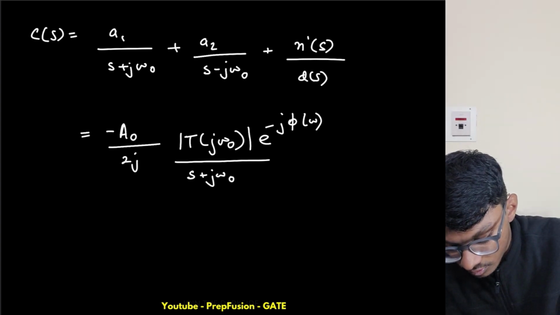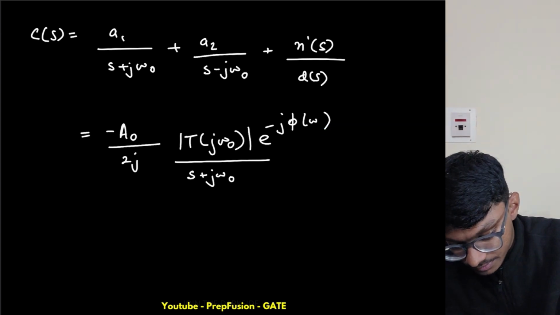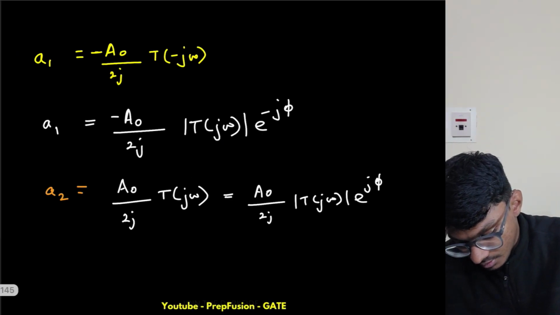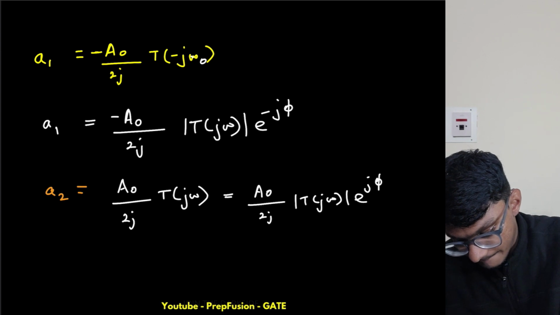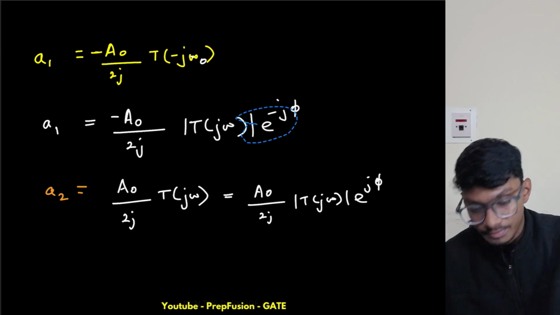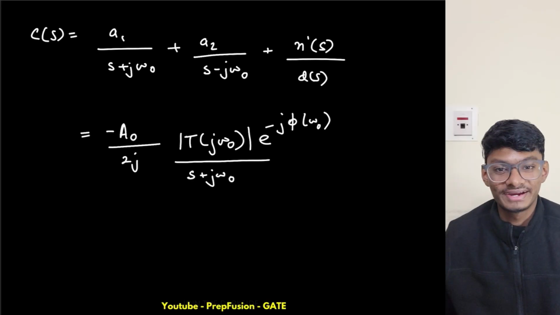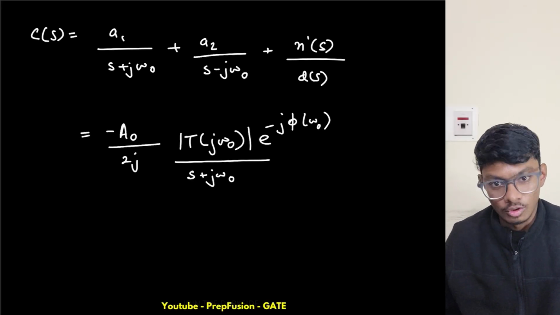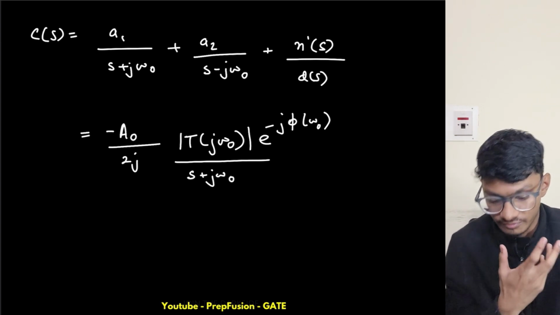But omega naught is a particular frequency, so we'll replace everything by omega naught, and then I will just come back. Omega naught is a particular frequency tone, so that you don't get confused.